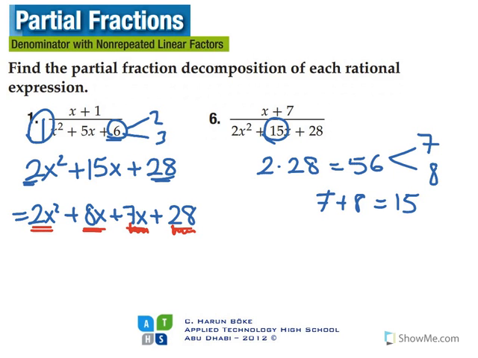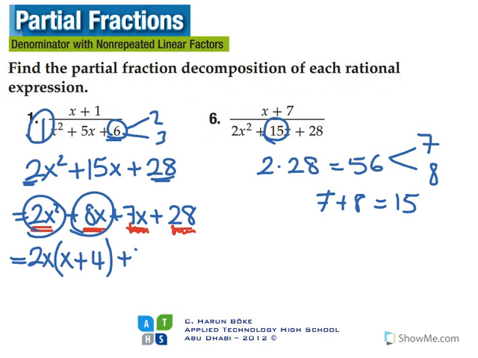In the first two, only 2 and x are common, and what is left is x and 4, so I'll write x plus 4. In the last two, I have 7 as the common factor, so it will be 7 times x plus 4.